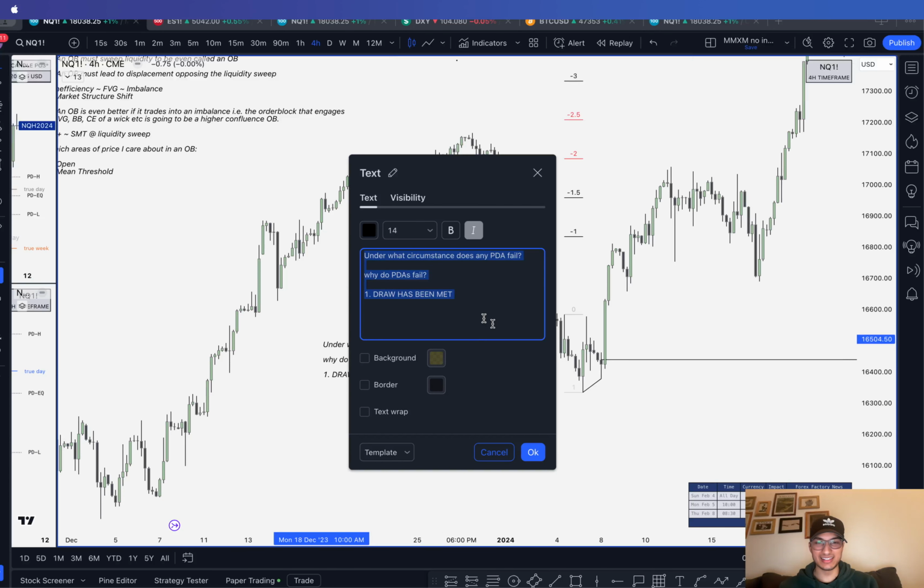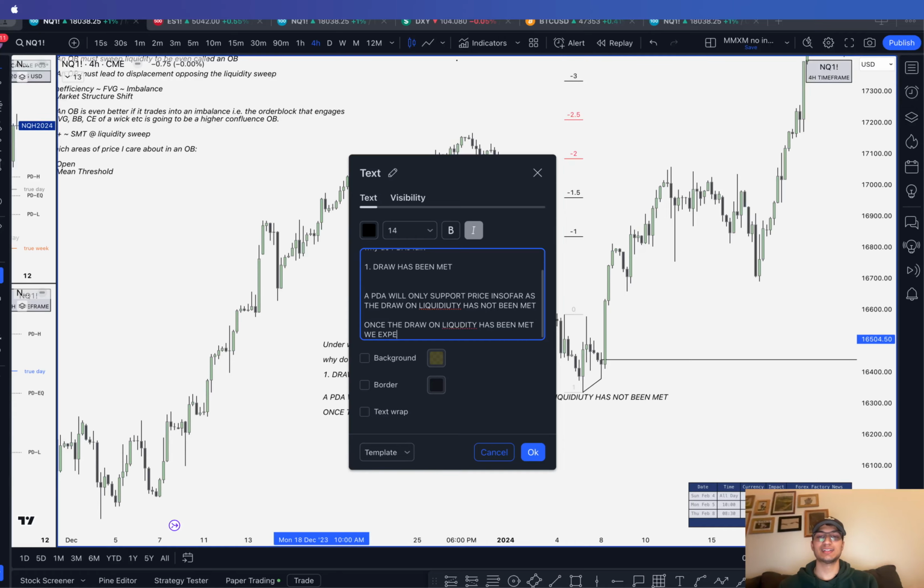I've said this to my students for literally probably 6 months straight, and I'm going to say it again. A PD array will only support price insofar as the draw on liquidity has not been met. Once the draw on liquidity has been met, we expect PD arrays to invert and offer support.